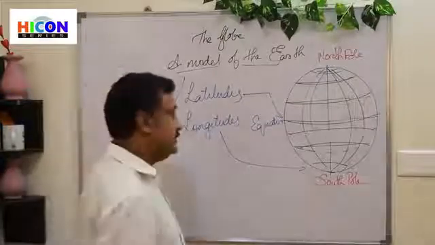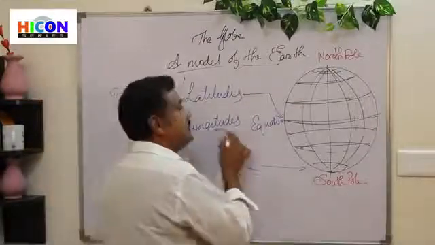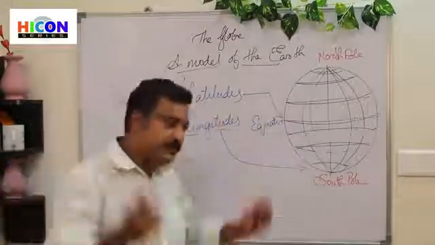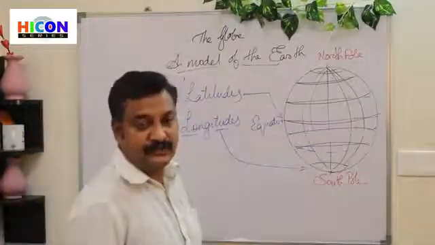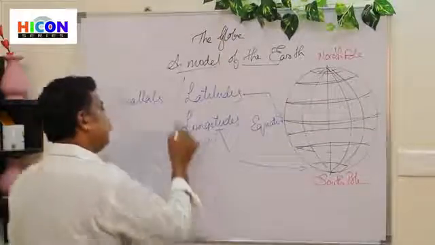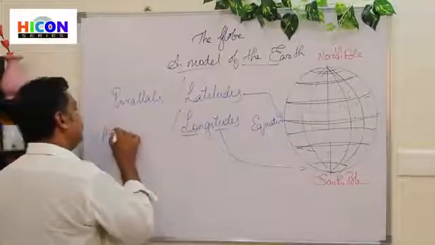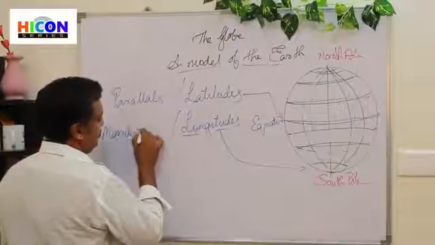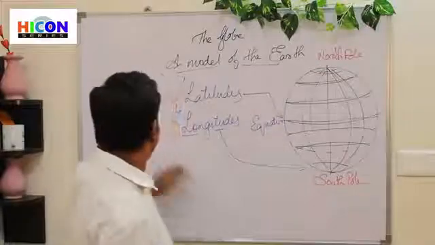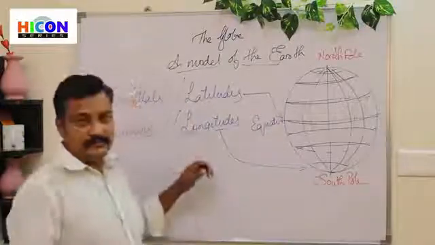Right? The other, longitudes, they start from the North Pole and end at the South Pole. Every longitude starts from the North Pole and ends at the South Pole, and they are also known as meridians. Okay, so latitudes are also known as parallels.